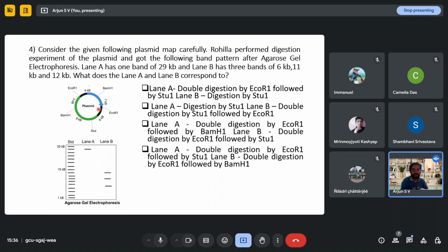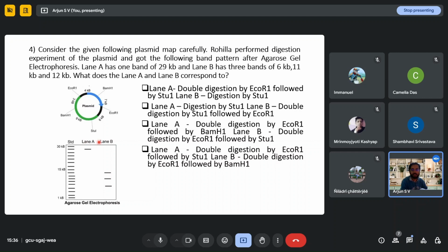So we just need to figure out what lane A and lane B correspond to in this context, where they have a couple of restriction sites like EcoR1 and BamH1. They also have the kilobases between each restriction site. So we just need to find out which of the restriction sites get cleaved in lane A and lane B.